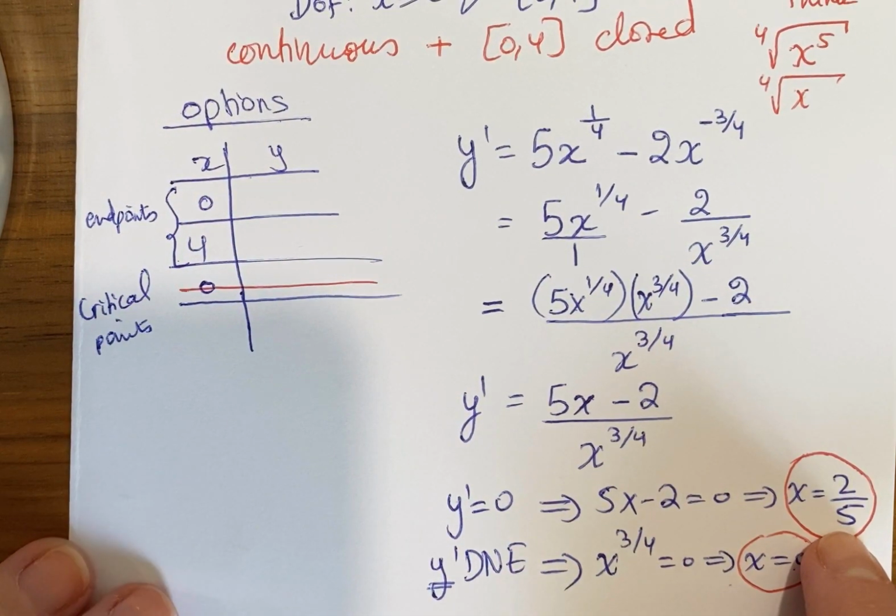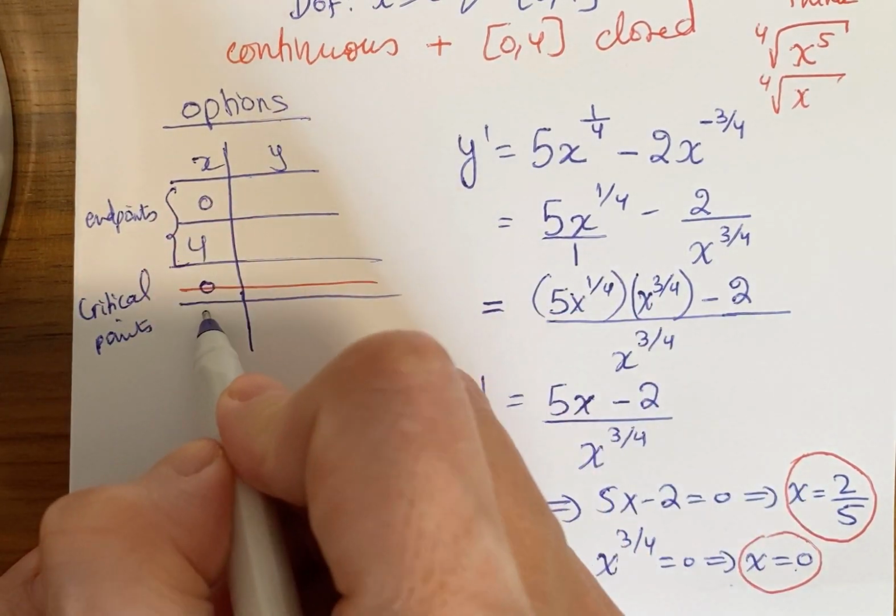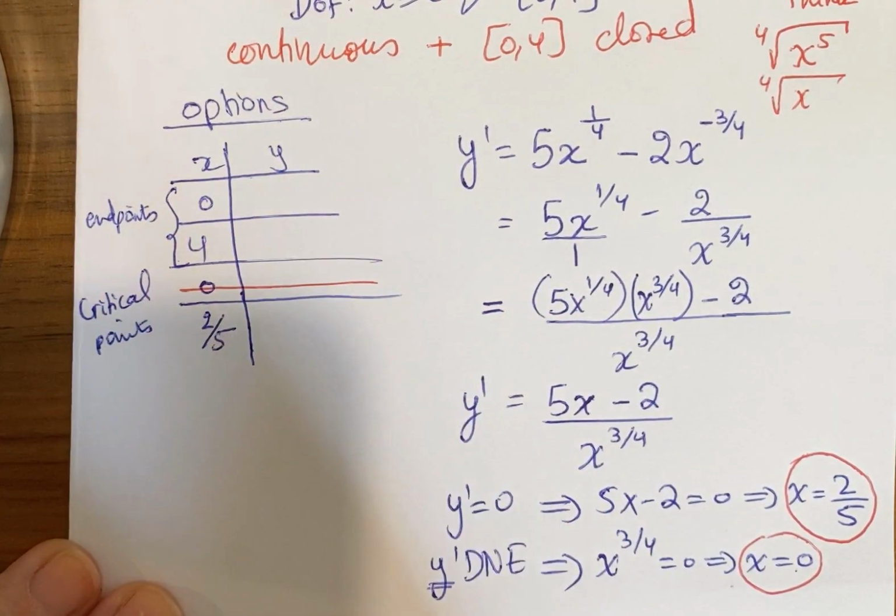What's the second critical point? 2 over 5. Is it between 0 and 4? Yes.